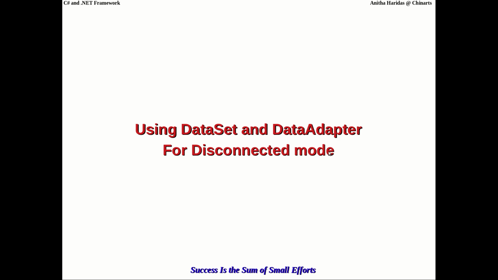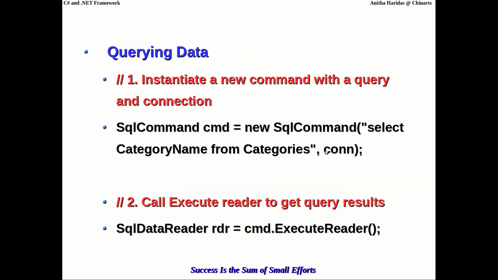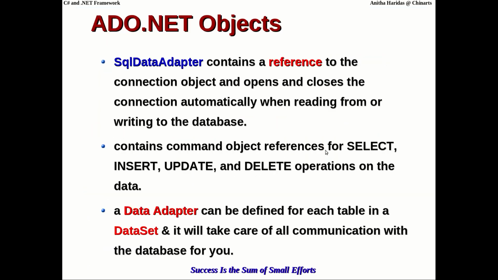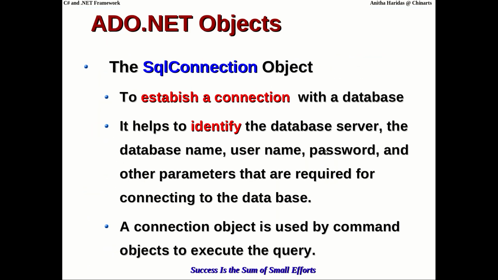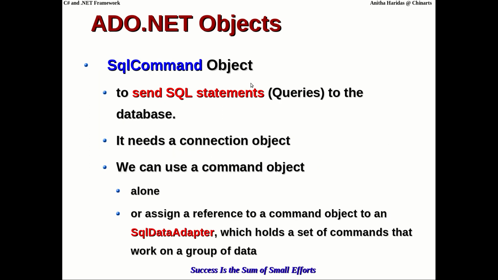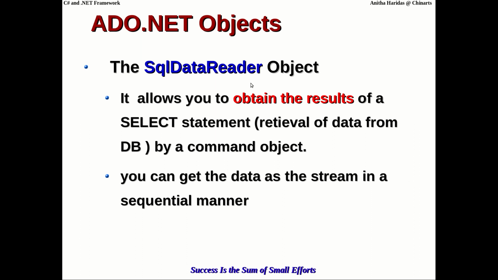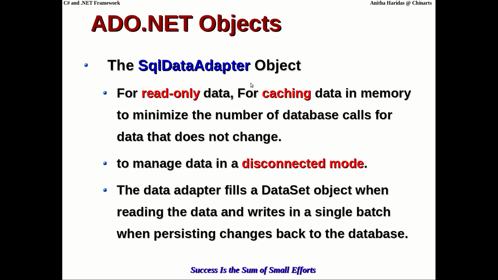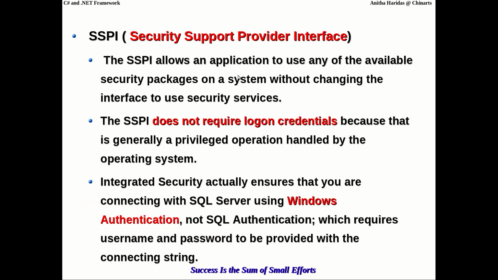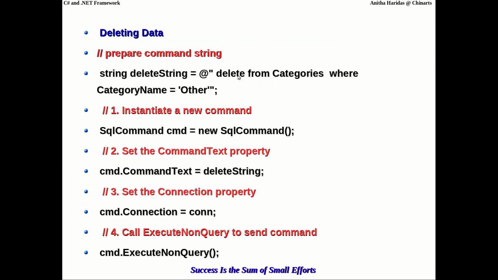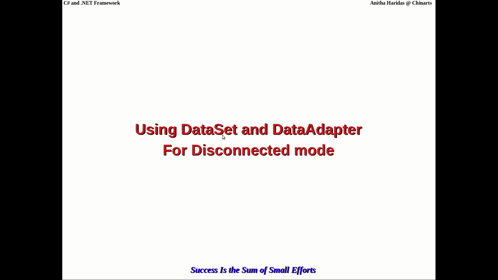In our previous video, we discussed the data provider, and the four major core objects of the data provider, like SQL connection, SQL command, SQL data reader. So now we are going to talk about what is SQL data adapter and how it is used along with a data set to have a disconnected data mode in a .NET application.